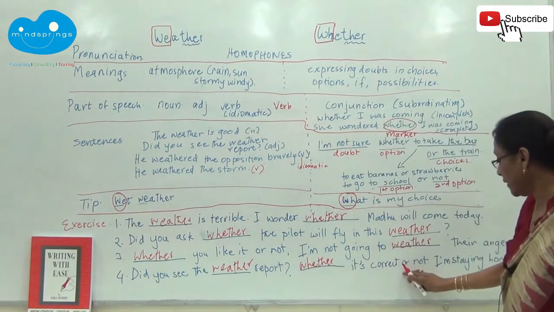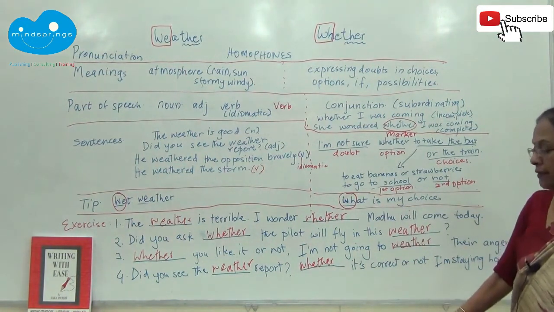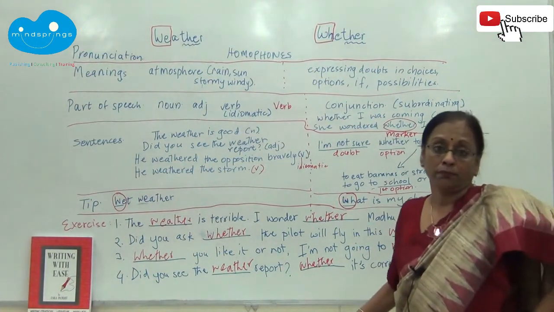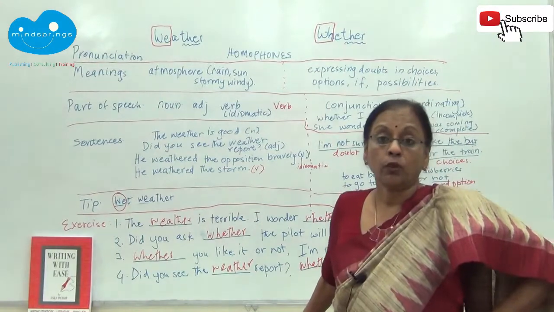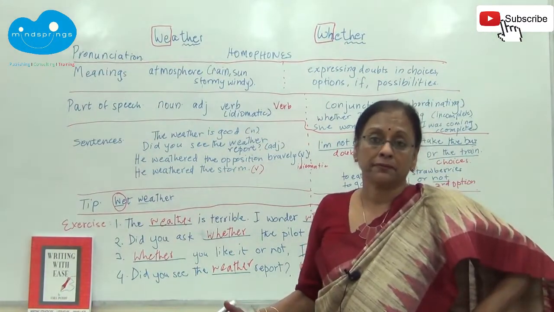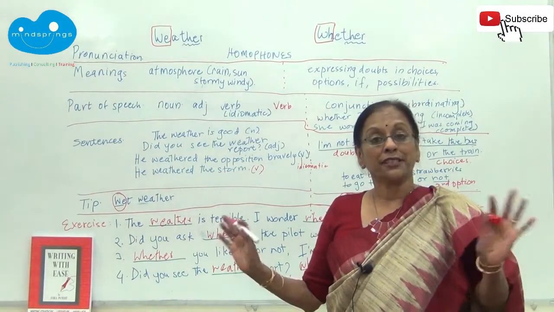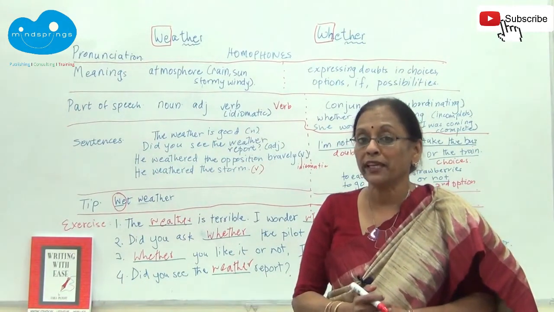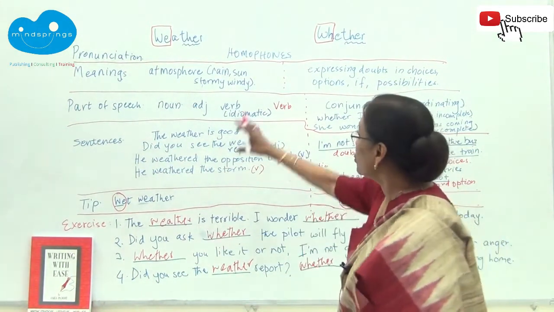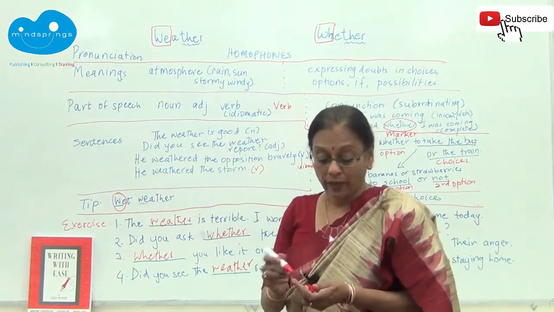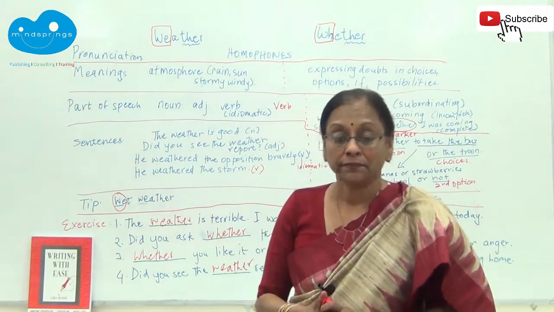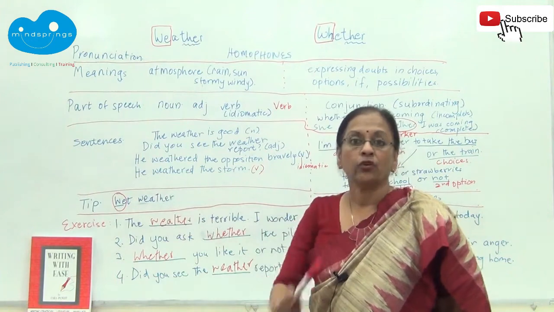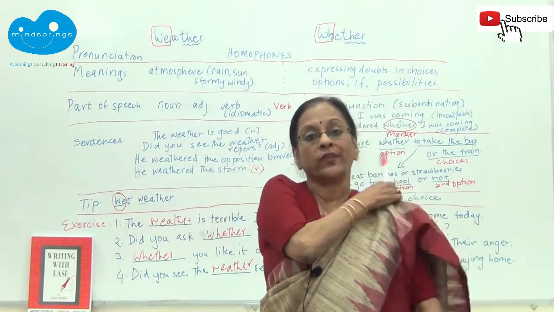So whether it's correct or not, I'm staying at home. So maybe the report said that there's going to be a tsunami. So the person is saying whether it's correct or not, I'm staying at home, I'm going to be safe. So I hope you've understood the difference between weather and whether. Remember "wet weather" and you will be absolutely fine with this one.